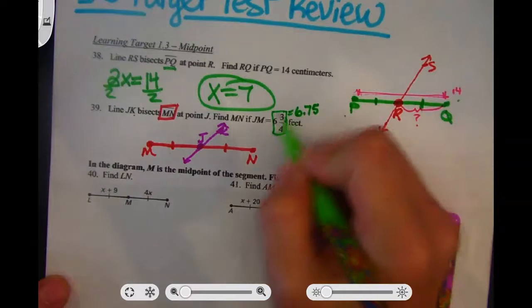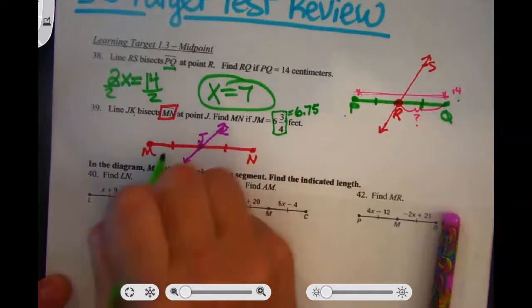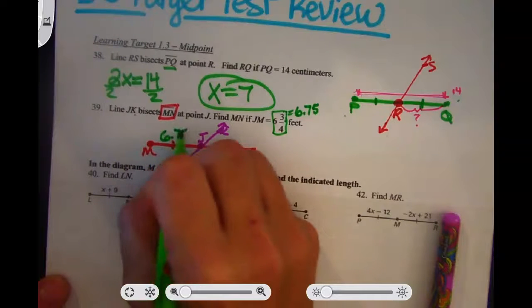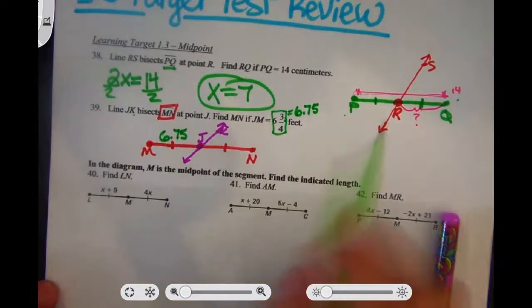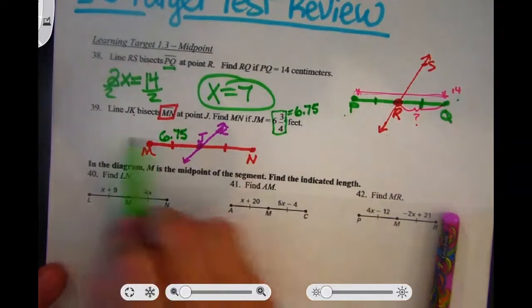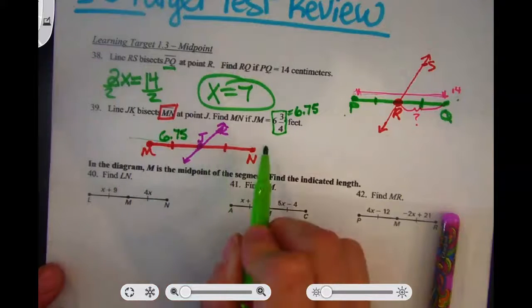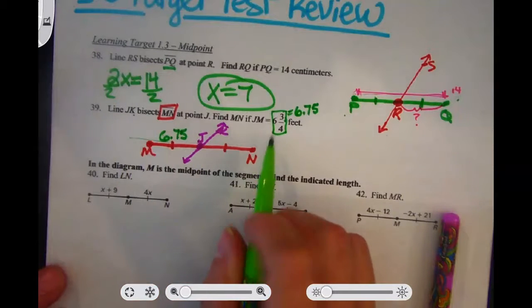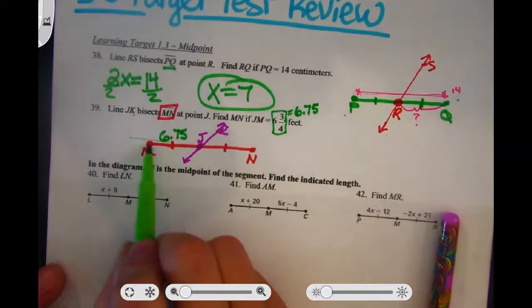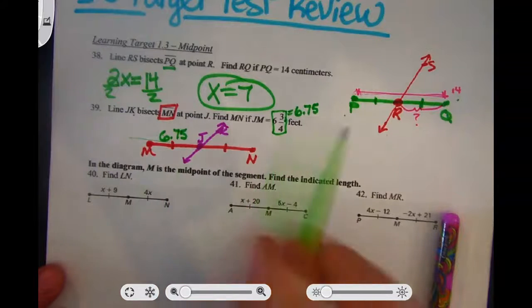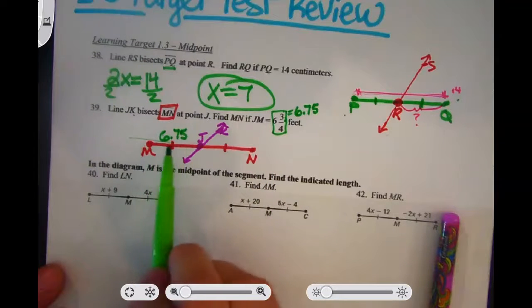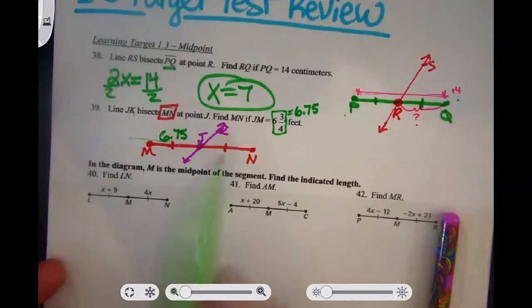So I know that JM, so this side, is 6.75, and it wants you to find MN. So it wants you to actually find the total. Remember the total, that's the whole thing, given this little piece. So remember, to find a total, when we have one piece, we have to add the 2 pieces together.